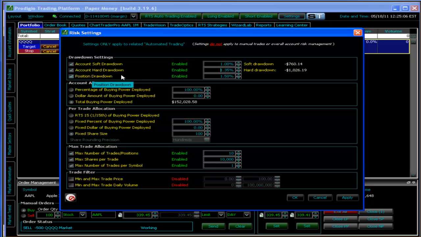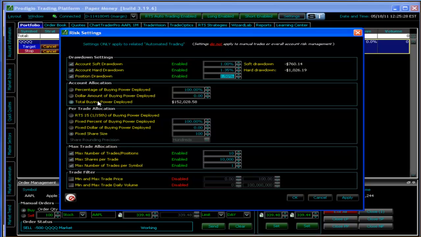Then of course there's a per position drawdown. Any position that draws down in terms of P&L by more than this amount will be immediately liquidated. But you can also specify the degree to which the robotic trading system uses or deploys the buying power on the account. Now by default it's set to total buying power.